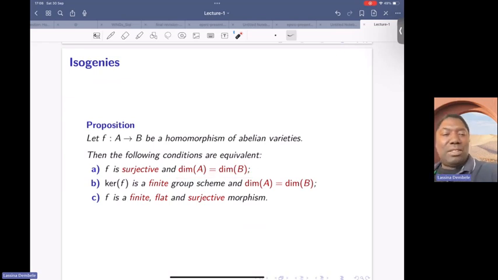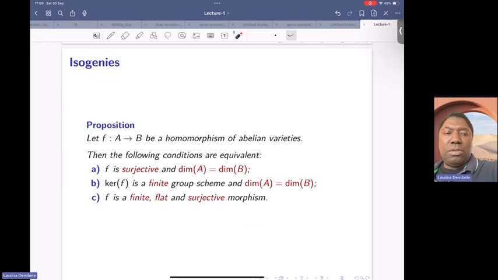This is the same as saying that the kernel of your map is finite as a group scheme, and that these abelian varieties have the same dimension. And the third equivalent condition is to say that your map F is finite, flat, and surjective.